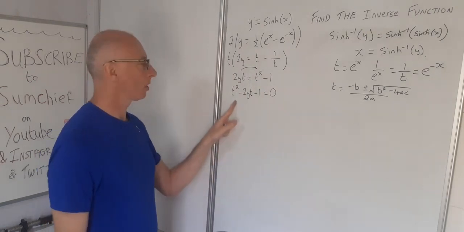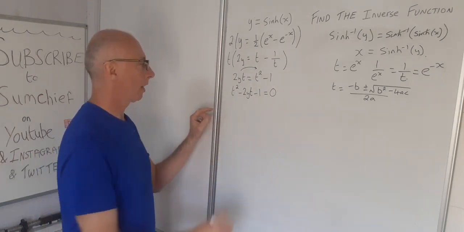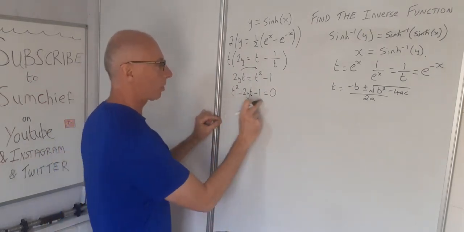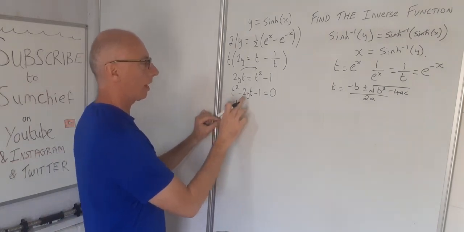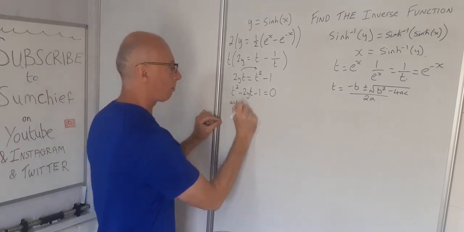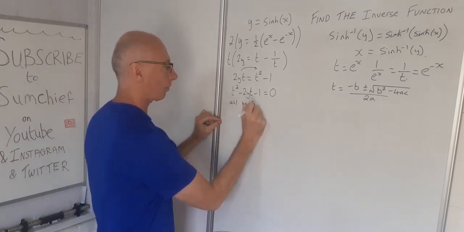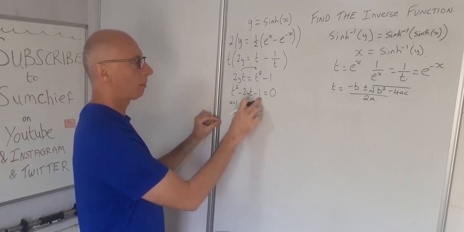Now in terms of this formula here, our coefficients are a equals 1, so that's the coefficient there. This one in terms of t is the 2y, and it's a minus 2y. And the c here is a minus 1.